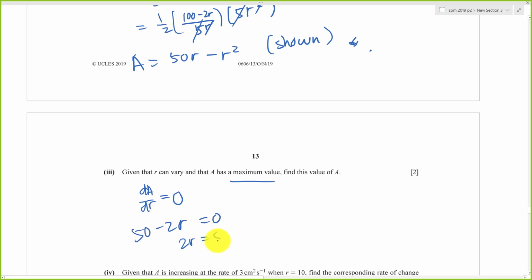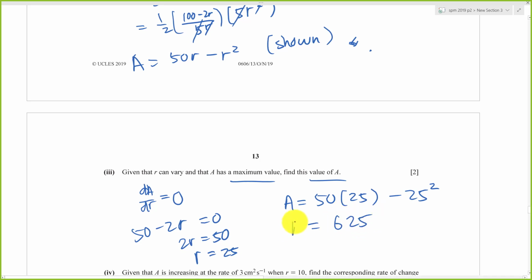So 2R equals 50, R equals 25. But is the question asking for R or not? The question asks about A, so I need to sub back here. 50 times 25 minus 25 squared. So the maximum area will be 225.